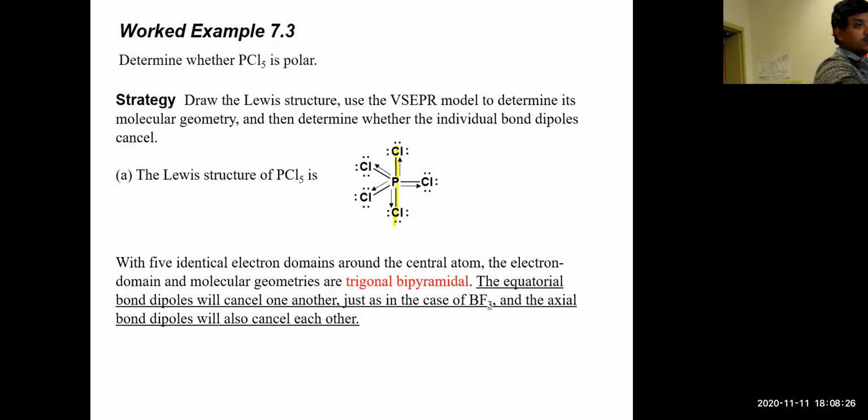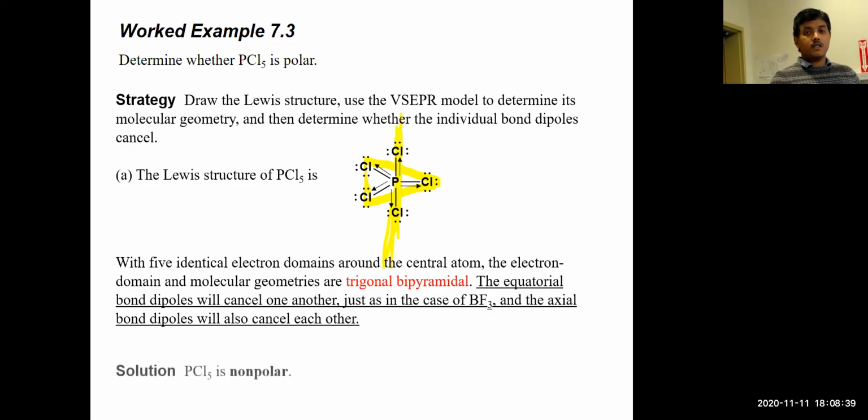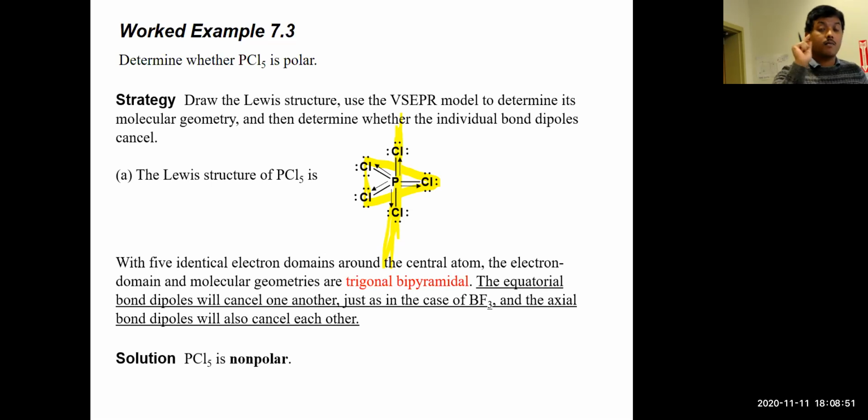So these 3 chlorines in the trigonal planar structure are going to cancel out each other, and these 2 chlorines that are linear to each other are going to cancel out as well. As a result, all PCl polar bonds are getting cancelled out by their opposite, symmetrical PCl bonds. As a result, PCl5 is a molecule that contains polar bonds, but the molecule is non-polar.